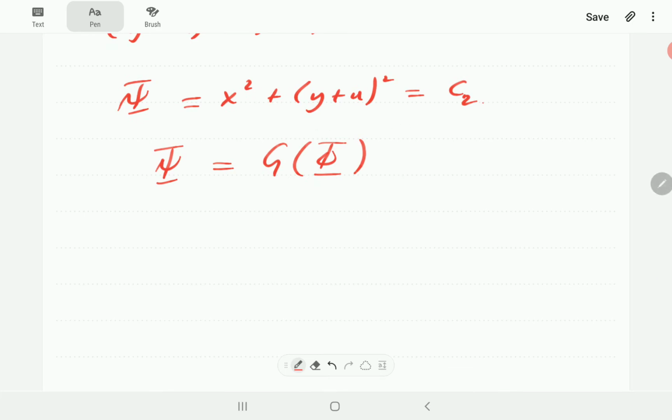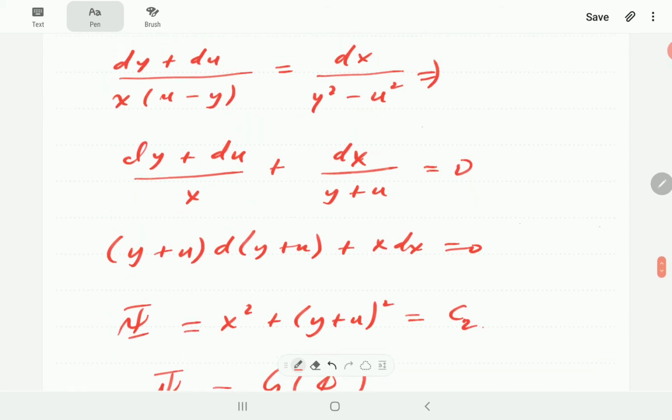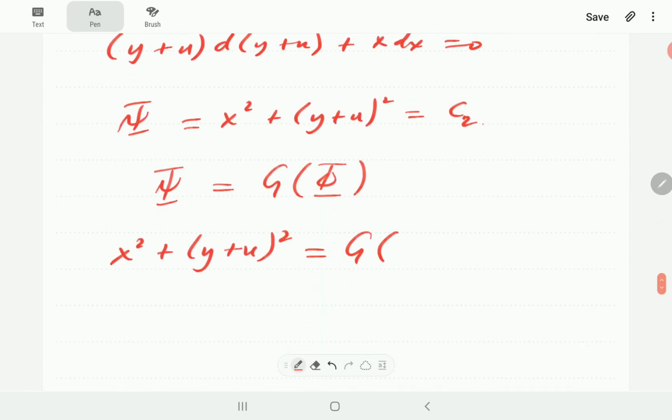So psi, which we've just obtained, is x squared plus y plus u all squared, and then g, remember that phi is equal to yu, so this is g of yu.